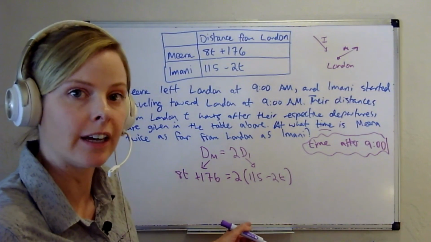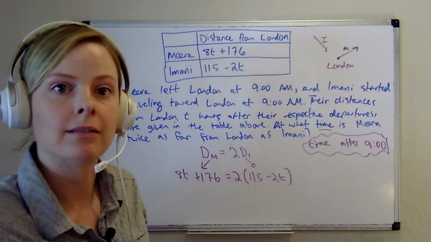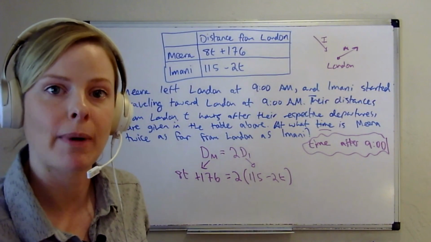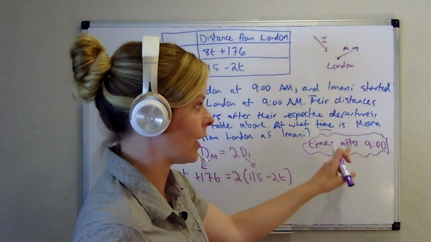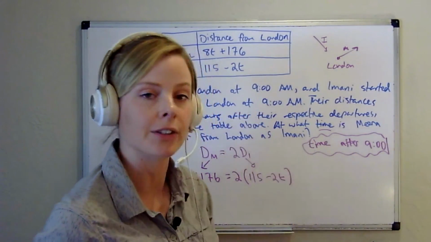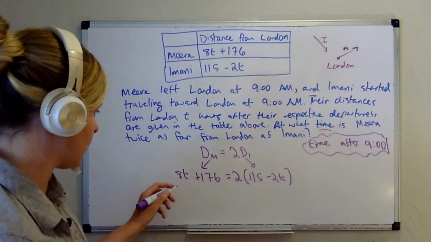I then need to think about, okay, cool, that's how many hours it's been since 9 a.m. Now, what time is it now, if that many hours have passed? So I want to note on my page that I need to make sure I do that final step after I've solved for this variable t.